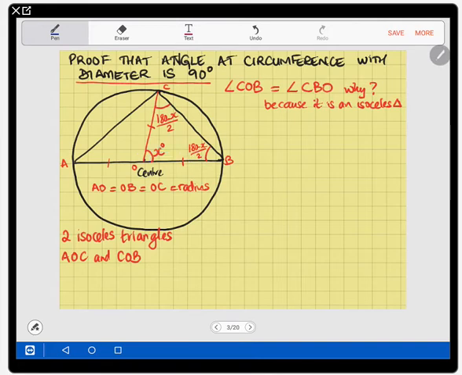If this is X, this angle will be what? 180 minus X. You agree with me? Because this is a straight line. And also, like I said, triangle AOC is an isosceles triangle. Therefore, these two angles here have to be the same.